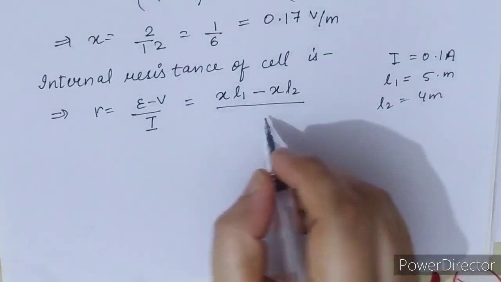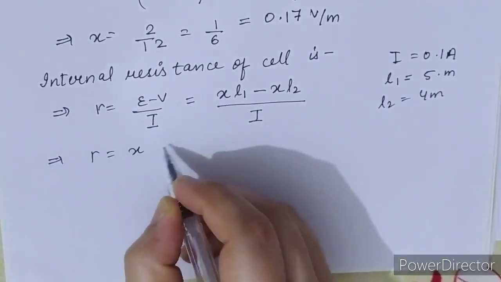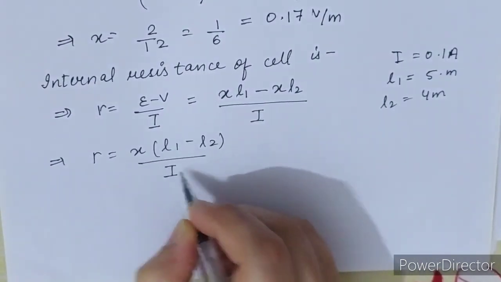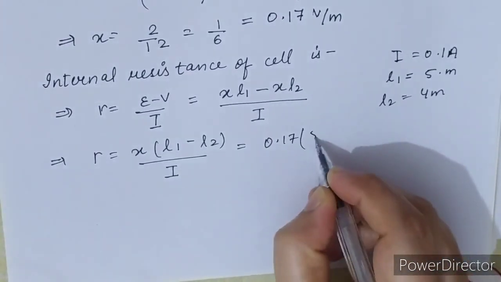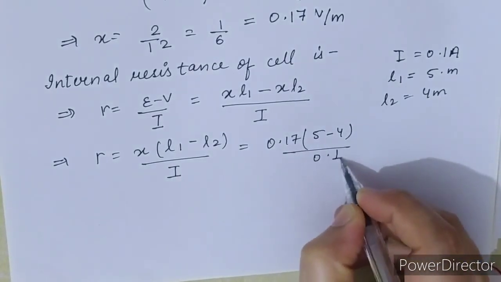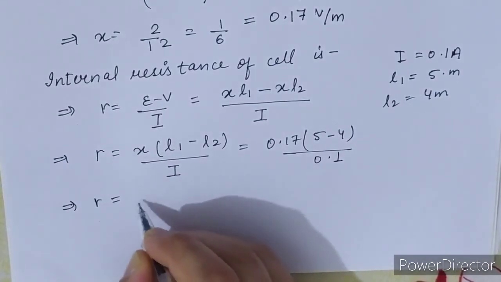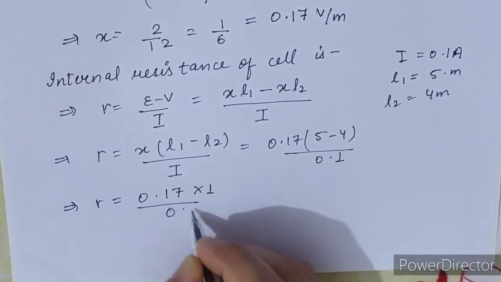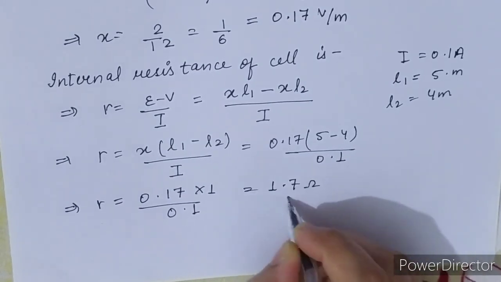So here R is equal to, take X as common, (L1 minus L2) upon I. The value of X we have already calculated, 0.17. 5 minus 4 divided by 0.1. So R is equal to 0.17 into 1 upon 0.1. So your answer will be 1.7 ohm.